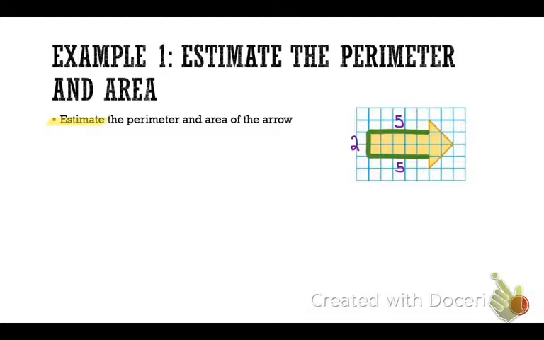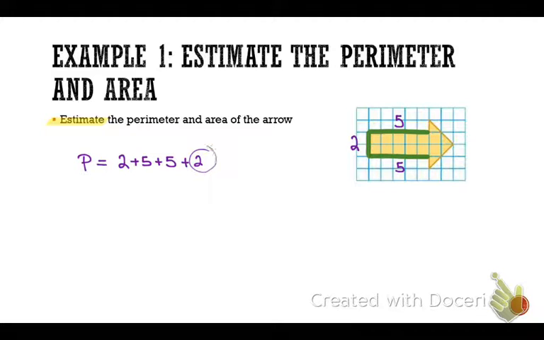So how many whole blocks would that be? 2. Is everybody clear on how I got 2 out of the tip of the arrow? Because 2 halves, okay, so these 2 halves right here would make up 1. All right, so I'm going to add those together. It equals 2 plus 5 plus 5 plus the 4 halves, which made 2 wholes.